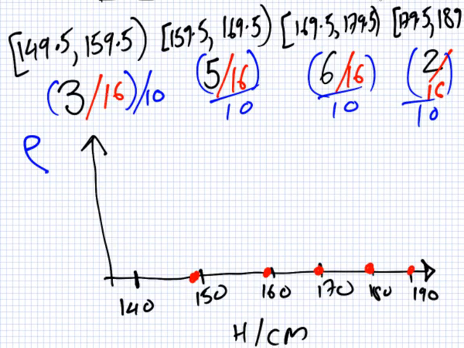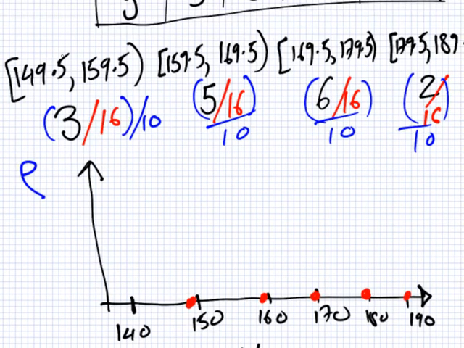So the first one is 3 divided by 16 divided by 10. Yes, it's quite small. Let me just write the numbers down. 0.01875. The next one? 0.03125.